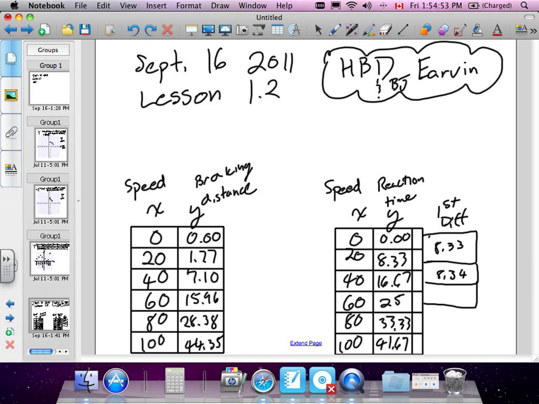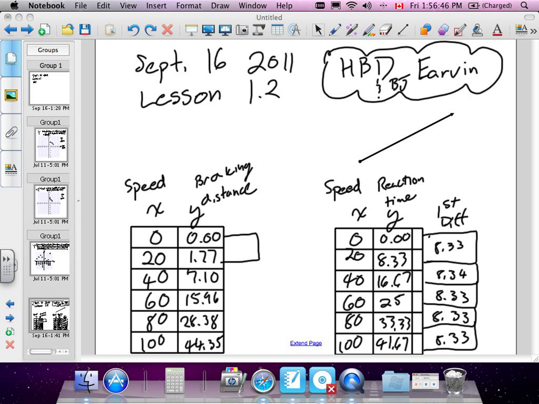So I take the number 25 and I subtract 16.67. It turns out to be approximately 8.33. Again, we take 33.33 from 25. 8.33. And again, we're going to end up with 8.33. So all I did there is I took this number and subtracted the number above it. Okay? In all of the differences between these numbers, we ended up with the same value.